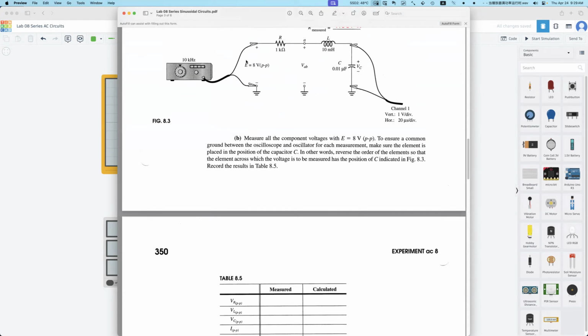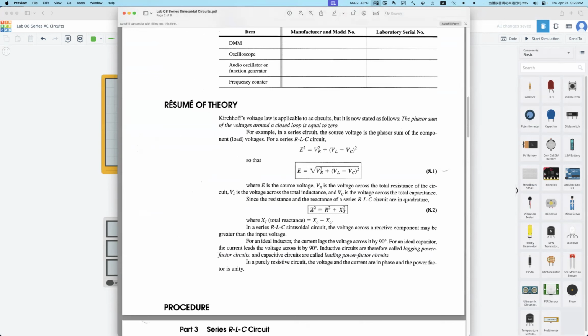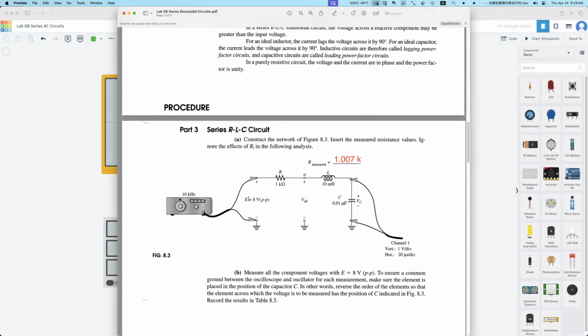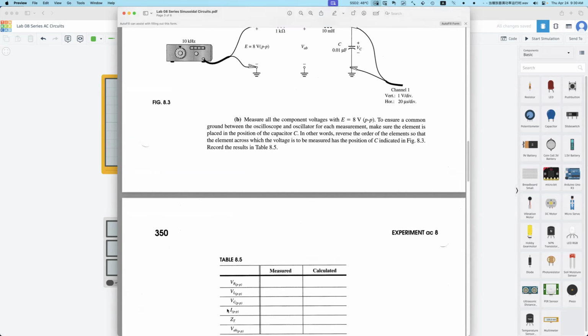So you could use this one, get the ZT first, the total impedance. So we know ZT squared equals R squared plus XT squared, right? Then XT equals XL minus XC. So you can get the Z. This is the ZT. Then E divided by ZT, so we know is the I. This is the one way.